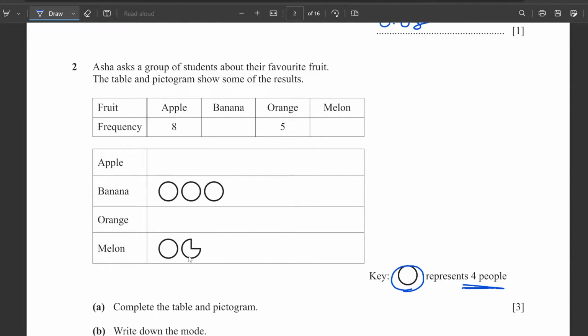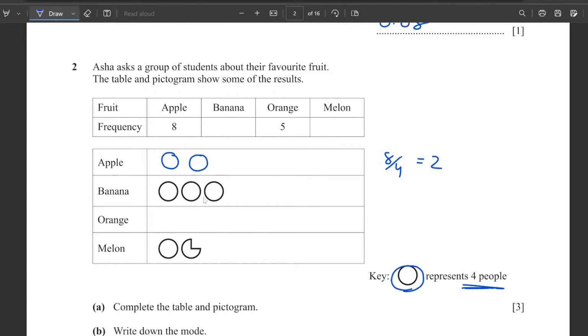Notice that when you are given 3/4 of a circle, that means it represents 3 people. You have 8 apples, so you simply divide 8 by 4, which gives you 2. This means you have to draw 2 complete apples like this.